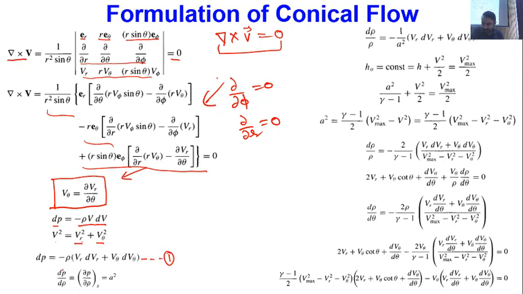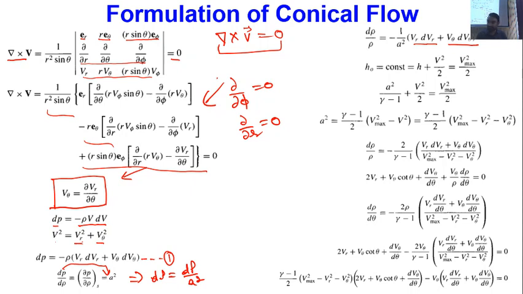Then for isentropic flow, dp by d rho at constant entropy is equal to a square. So d rho becomes dp by a square. Substituting the pressure from equation 1, finally I get d rho by rho equal to minus 1 by a square times vr dvr plus v theta dv theta.